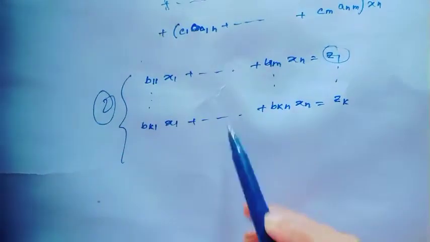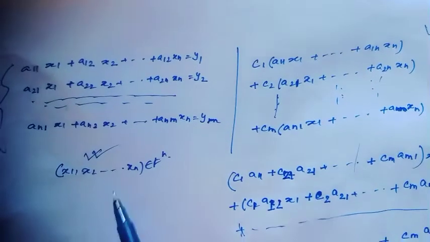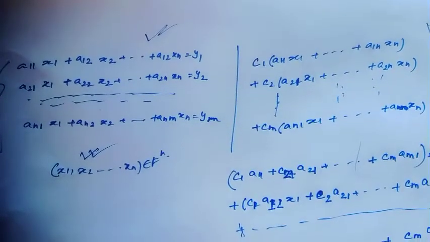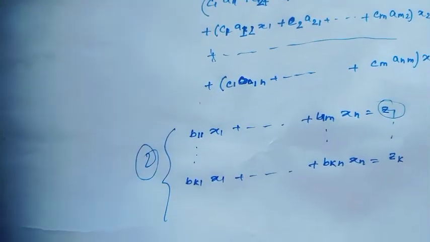Notice that this equation is a combination of the original equations. So the solution of the original equations would always be a solution of this equation, because this is a linear combination of the first equations.